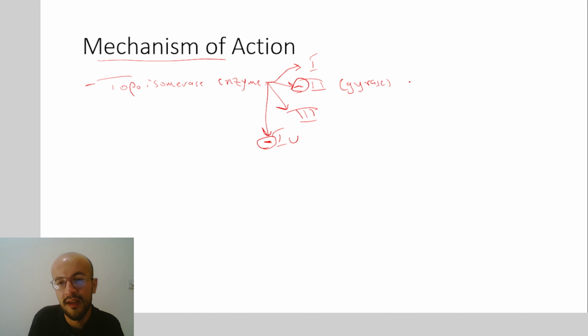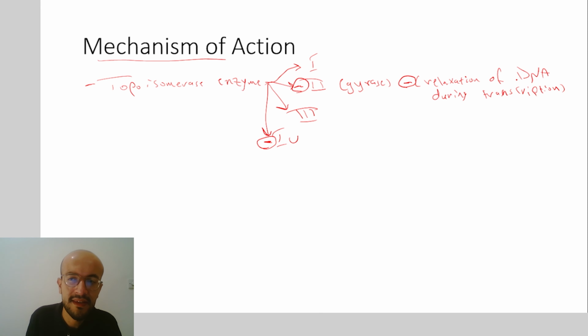So the gyrase function is relaxation of bacterial DNA during transcription and translation, and inhibiting the gyrase leads to inhibition of the relaxation of the DNA during transcription and translation, and this would lead to bacterial DNA breakage during transcription and translation.